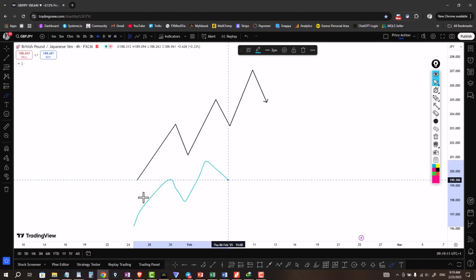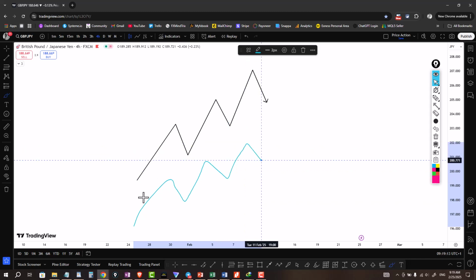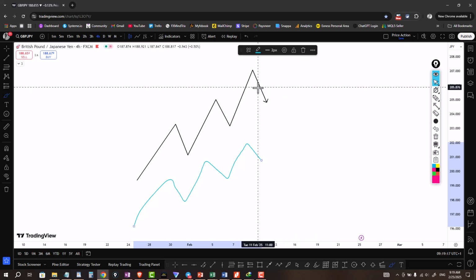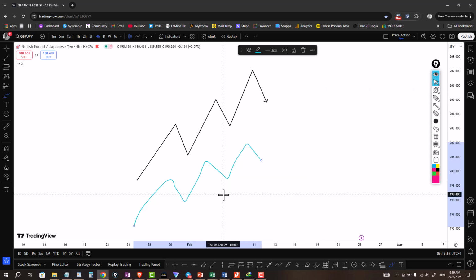So you want to see price and oscillator doing the same thing. But this doesn't always happen, because the oscillator group of technical indicators are designed to measure momentum in the markets. So to put it in simple terms for you.